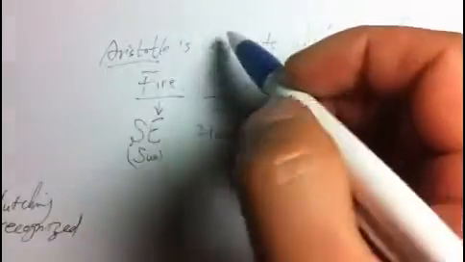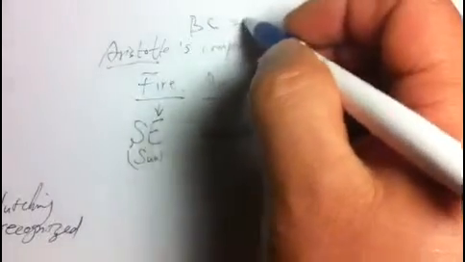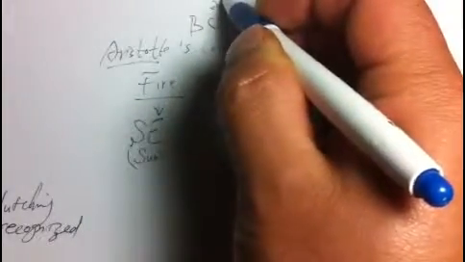Aristotle lived a long time ago, before Christ, BC, maybe 260 or 200, maybe 300.